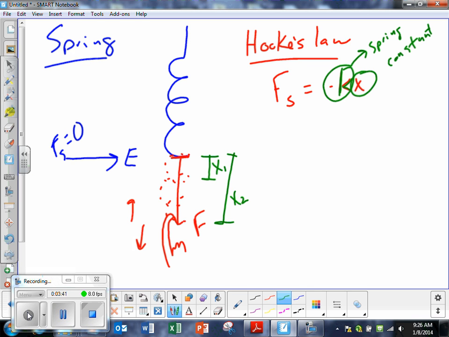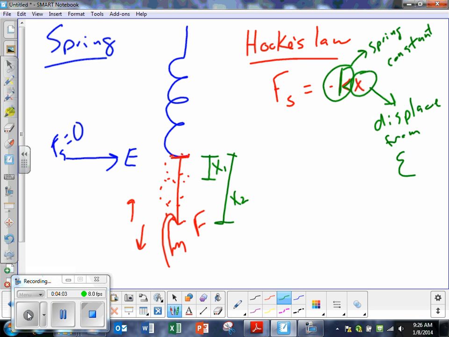Because we know that when we pull springs, the further and further, they get harder and harder and harder, or compress them. So this is displacement. It's not distance, but displacement from equilibrium. So how far are you stretching this thing from equilibrium?